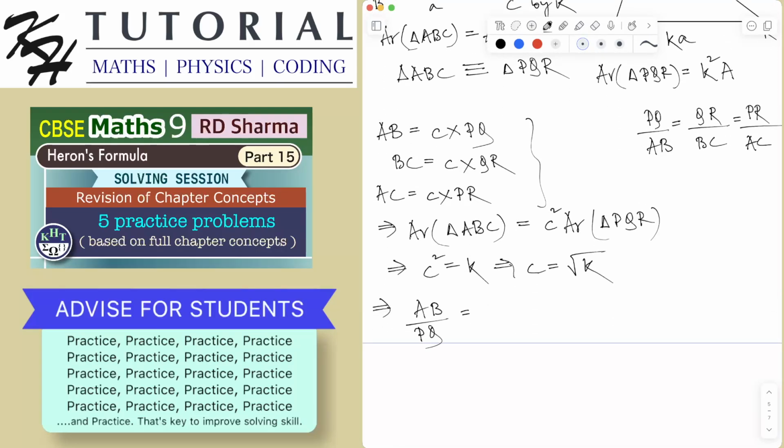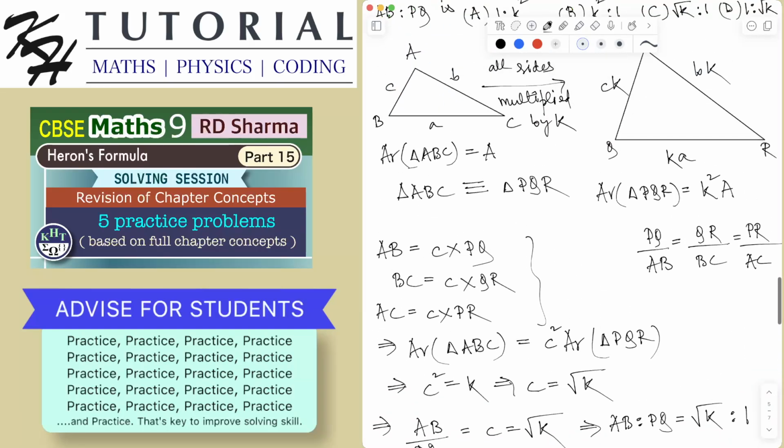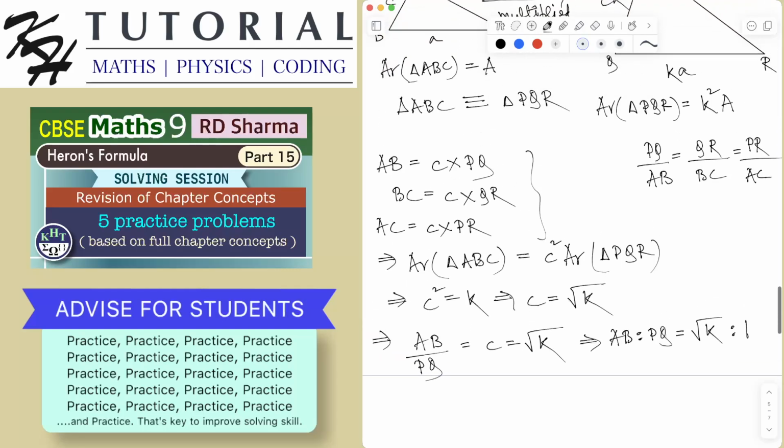So AB by PQ is equal to C, which is equal to square root of K. So this implies that AB is to PQ is equal to square root of K is to 1. So AB is to PQ should be equal to square root of K is to 1.